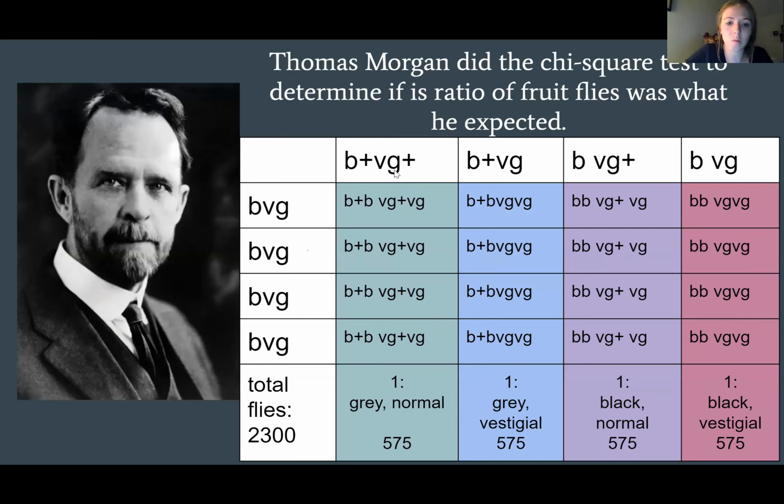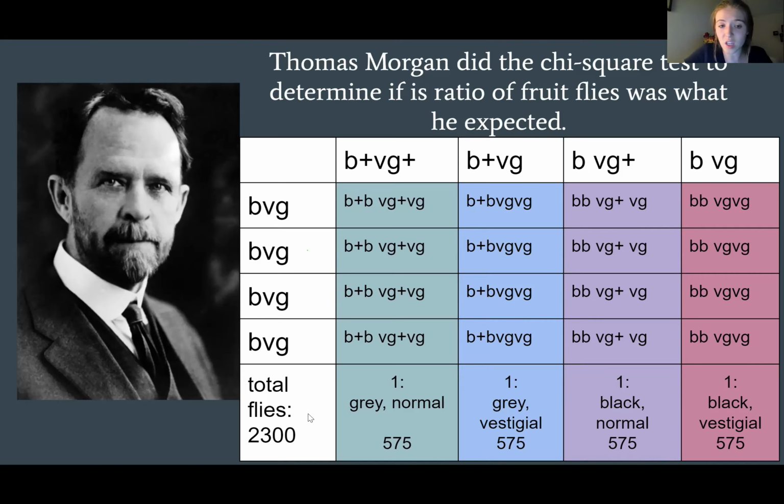In this particular breeding, Thomas Morgan took two different genes for fruit flies: gray eyes and normal wings, or black eyes and vestigial wings. So he took these two different traits and did a cross between them.